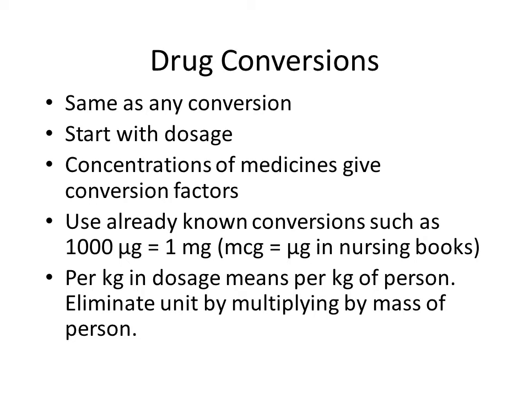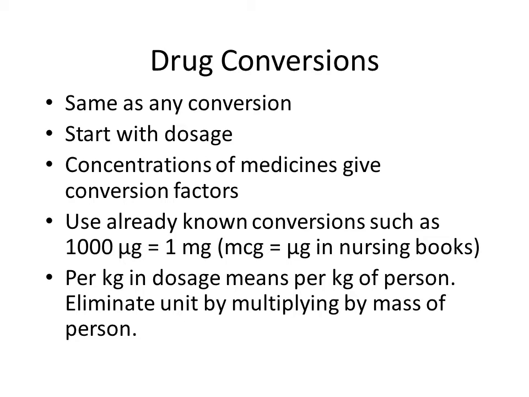You will also be using metric conversions, and an example would be going from microgram to milligram. And I know, just because I've been using micrograms and milligrams so much, there are 1,000 micrograms in 1 milligram.